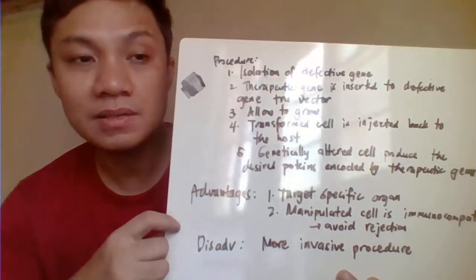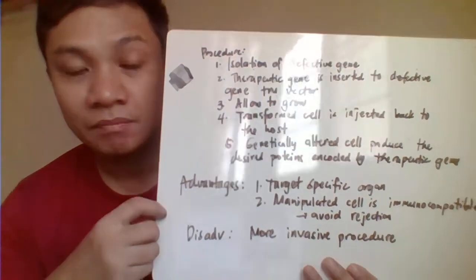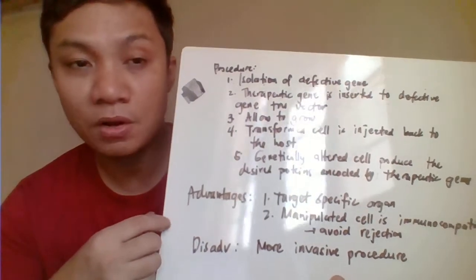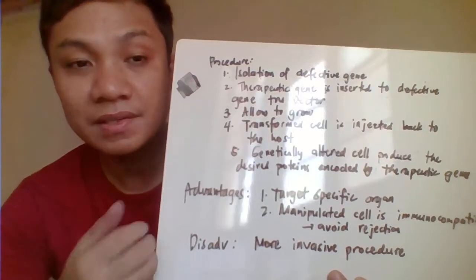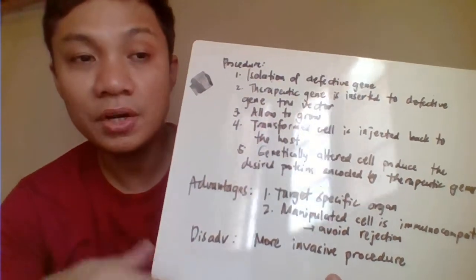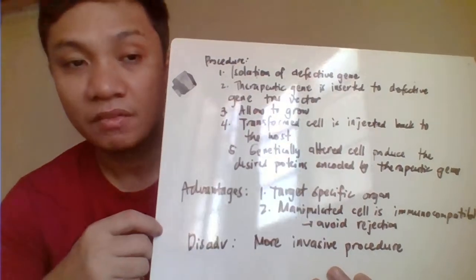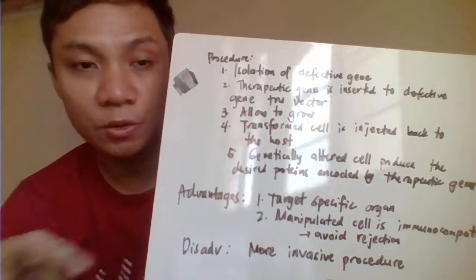And second, this is immunocompatible between your host and your recipient. In the process of transplantation in immunology and serology, for you to have a successful transplantation, the donor and recipient should be compatible with one another. There are many factors for compatibility. One, they should be compatible in their ABO blood groups.